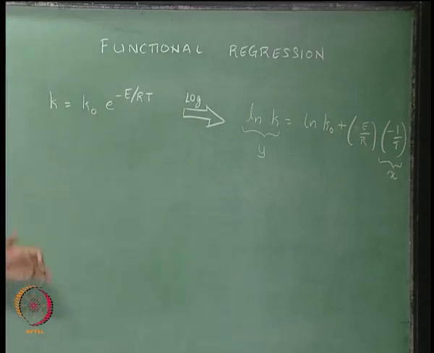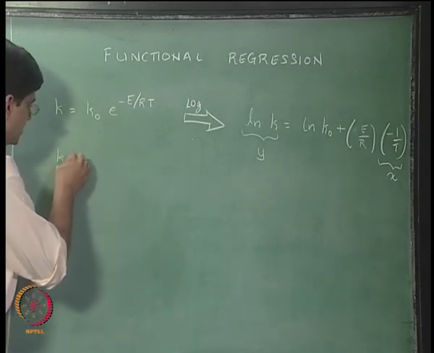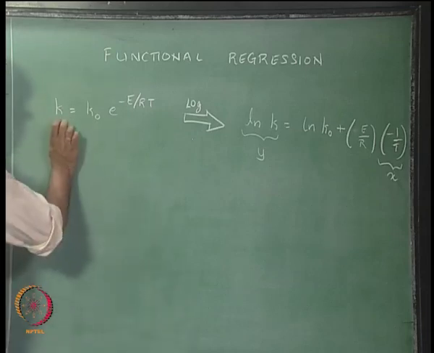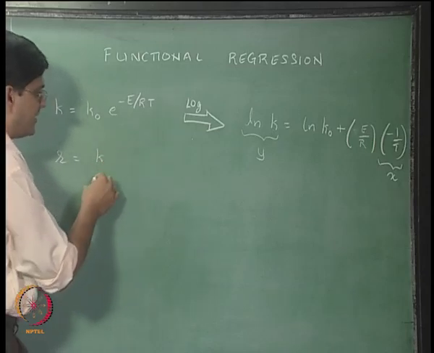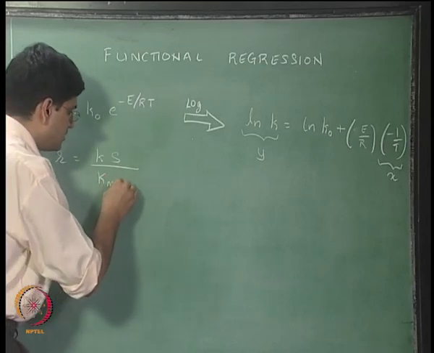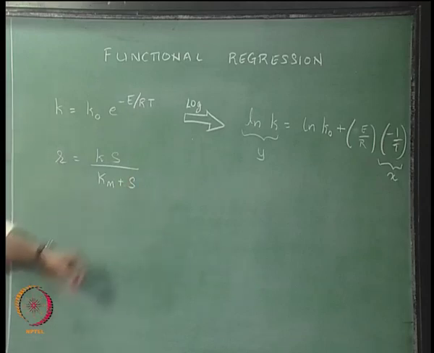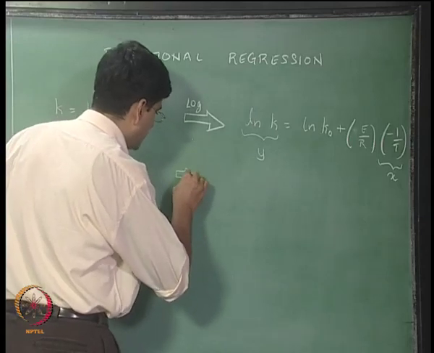Another example comes from biological systems. Enzymatic kinetics follow what is known as the Michaelis-Menten kinetics, and over there the rate r is going to be given by some constant k multiplied by the substrate S divided by Km plus S, where Km is a saturation constant and S is the concentration of the substrate that we are interested in.